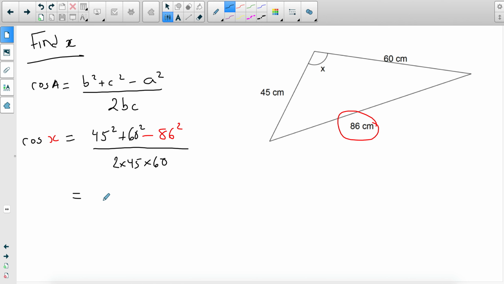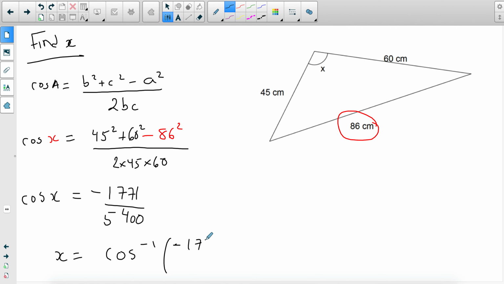So in this case, we get negative 1,771 over 5,400. Now, obviously, if I simplify this fraction, it's going to give me a negative answer, which doesn't make sense because you are dealing with an angle. So obviously, we are missing another step, which is the cos inverse of this fraction.